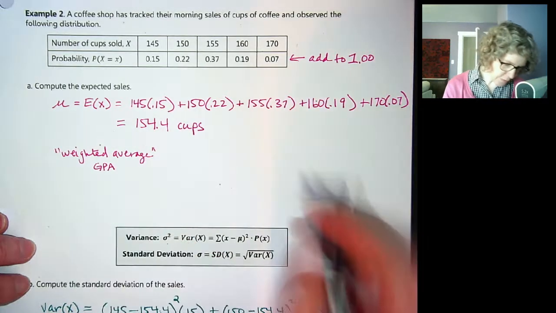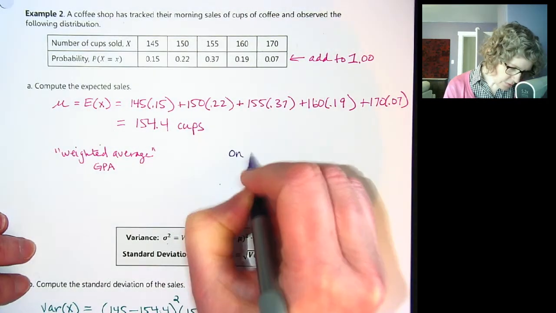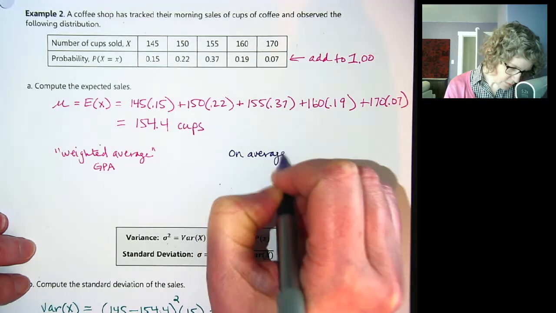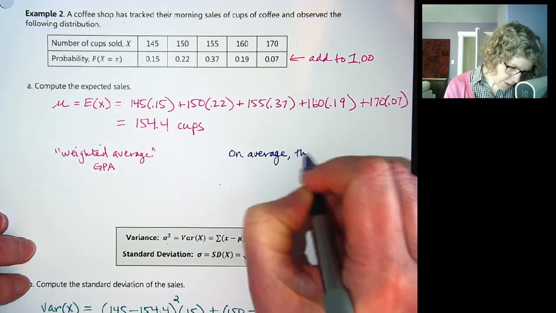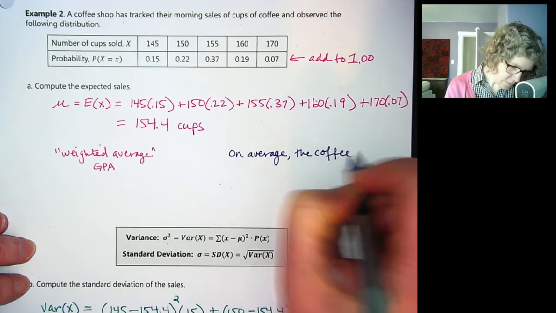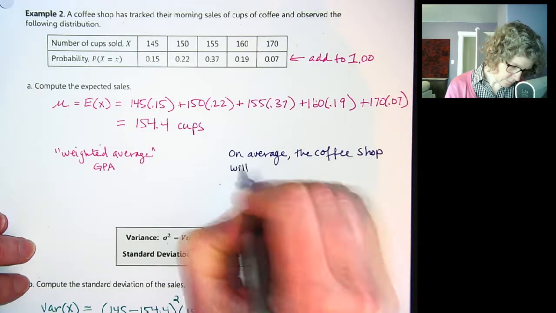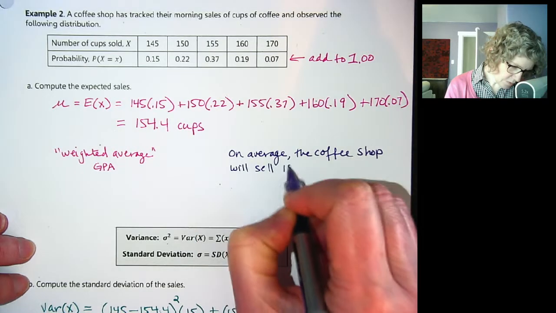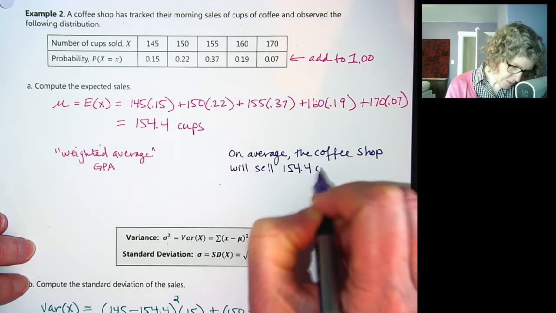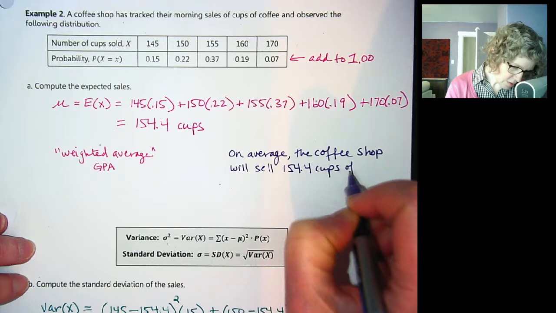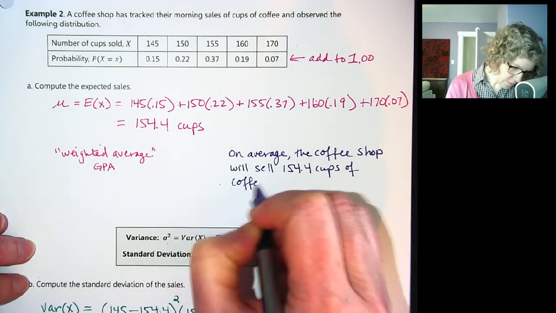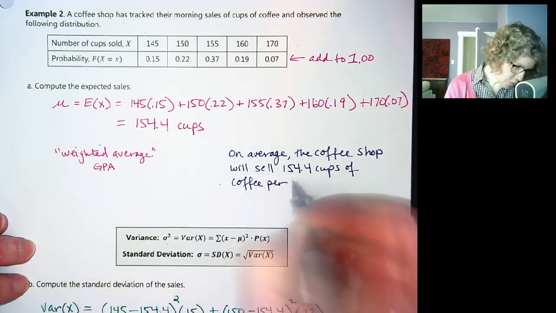So let's do that part first. On average, the coffee shop will sell 154.4 cups of coffee per day or per morning.